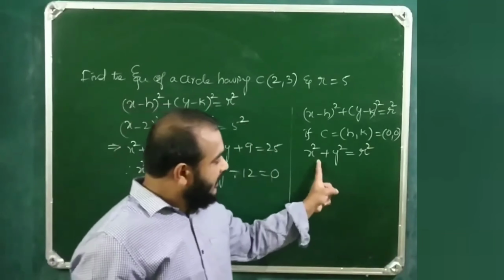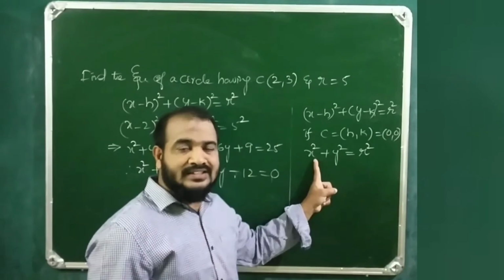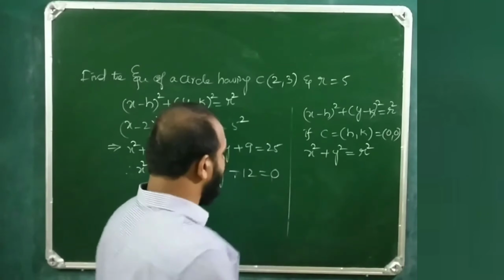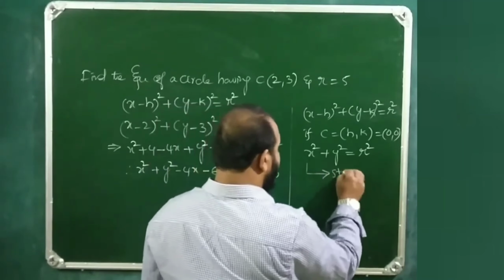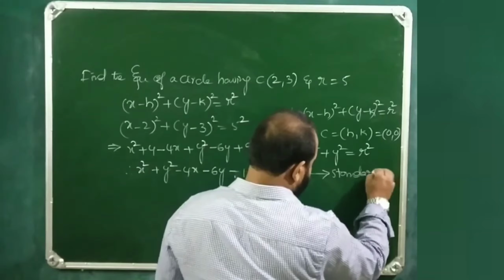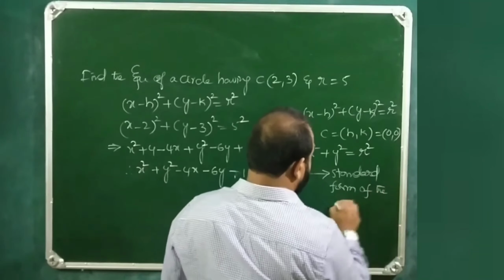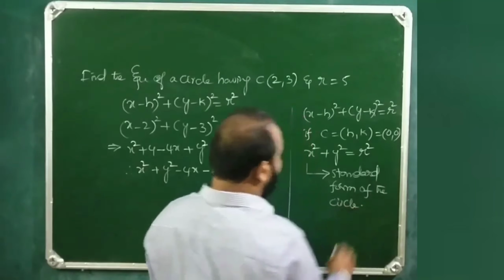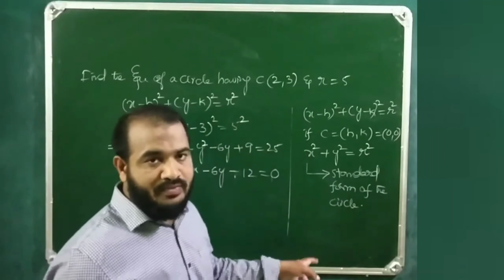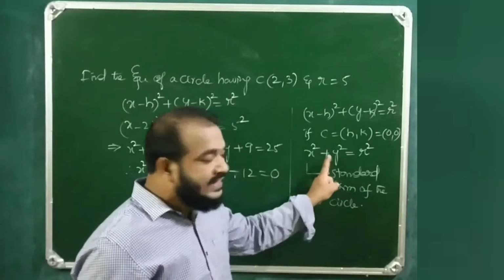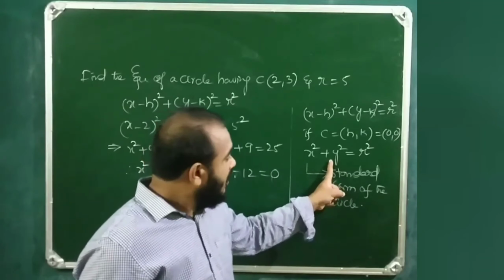Therefore, this equation of the circle is said to be the standard equation of the circle, the standard form of the circle. The circle is said to be in its standard form if and only if its center is at the origin.